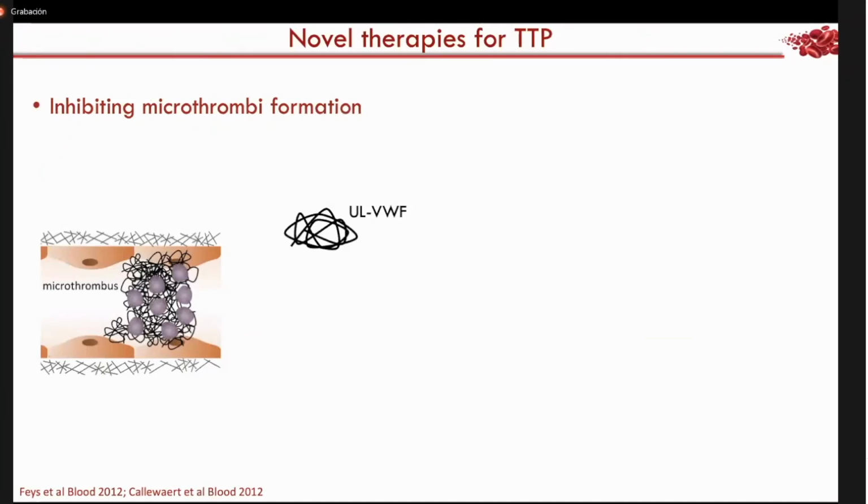And then the last novel therapy I want to discuss is actually something completely different. Our group and other groups have been studying the interaction between ultra-large VWF and the platelets for a long time, and developed monoclonal antibodies that could block this interaction and could serve as good antithrombotic agents.